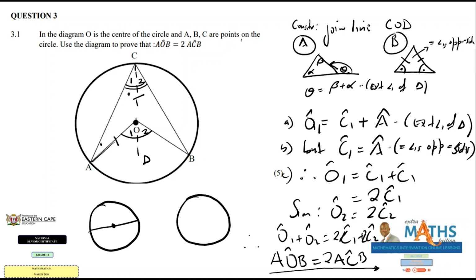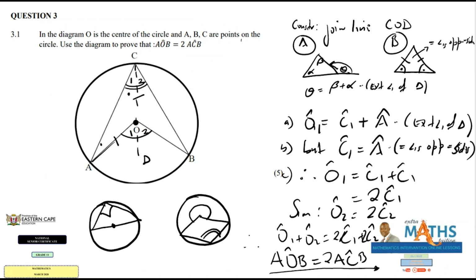If this is a diameter, as you saw in my demonstration, a diameter subtends 90 degrees, which is a semicircle. This theorem also works so that if this is your angle, then it should be twice this angle. Please make sure that you don't forget that.